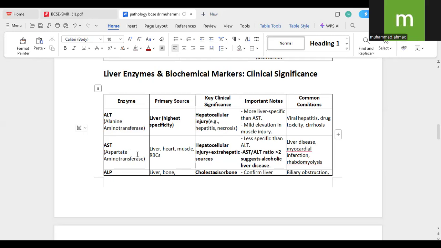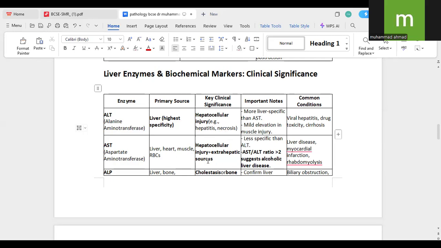AST is a liver enzyme, but it also involves the heart and muscles. Where you can see hepatocellular injury or an extrahepatic source outside the liver, you should go for the AST. But if there is hepatocellular injury and an intrahepatic source, you should go for the ALT.